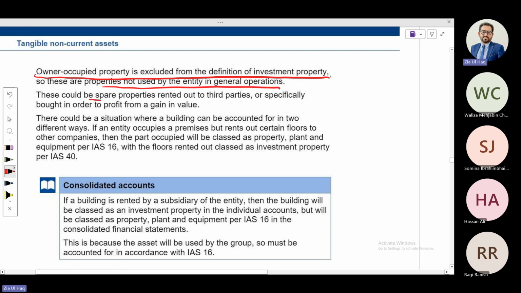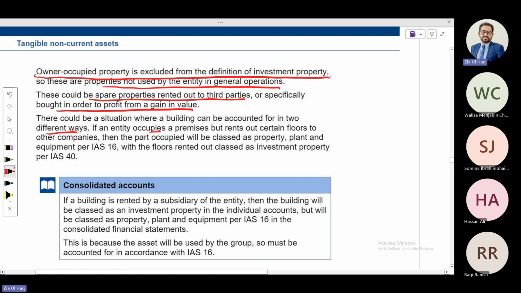These could be spare properties rented out to third parties or specially bought in order to profit from gain in value. Meaning we have kept this property either to generate rental income or gain in value, meaning capital appreciation. There could be a situation where a building can be accounted for in 2 different ways, like some part we are using in business, some part we have rented out. So the remaining part we need to record as investment property.